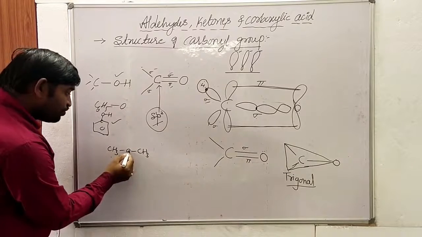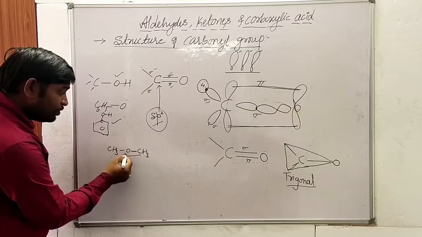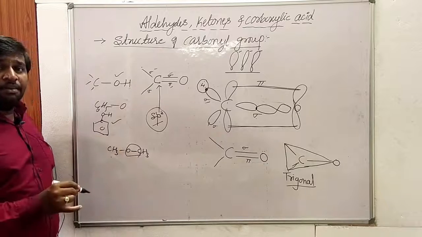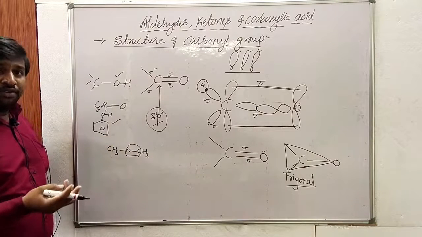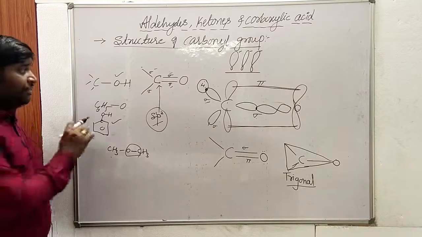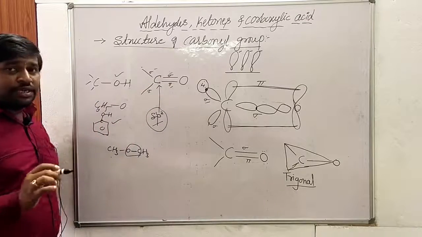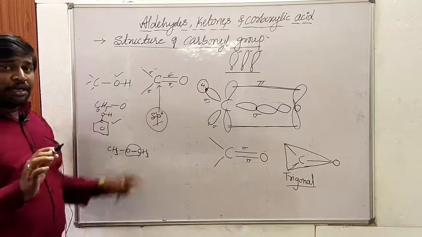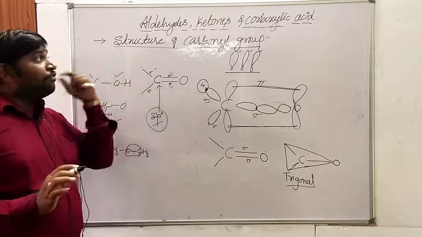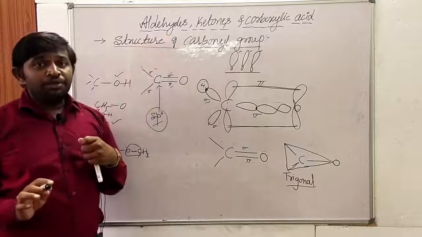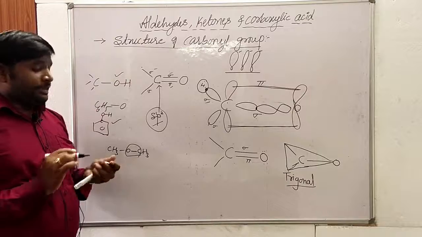Here also oxygen is bonded with carbon with a single bond. If it is a single bond, it may be alcohol, phenol or ether. If there is a double bond between carbon and oxygen, it must be a carbonyl group, in the form of aldehydes, ketones or carboxylic acids.